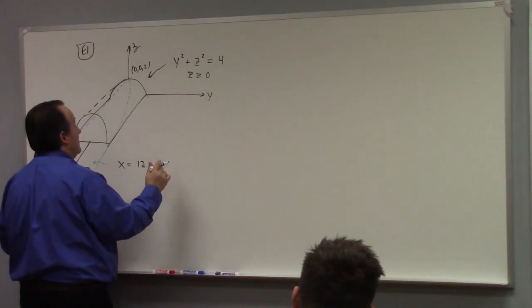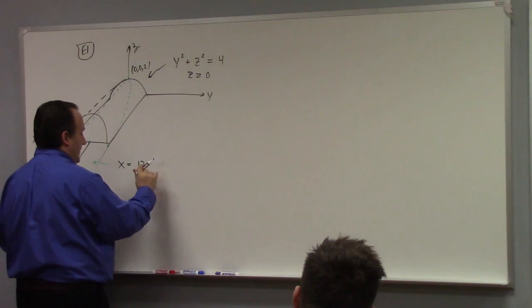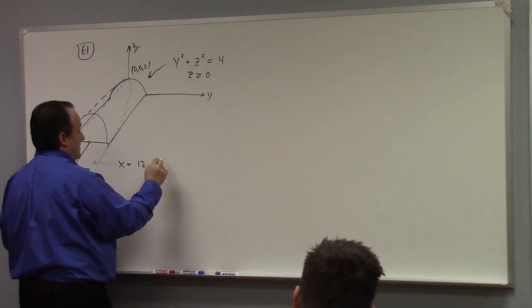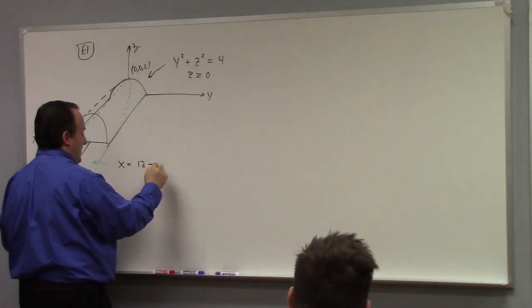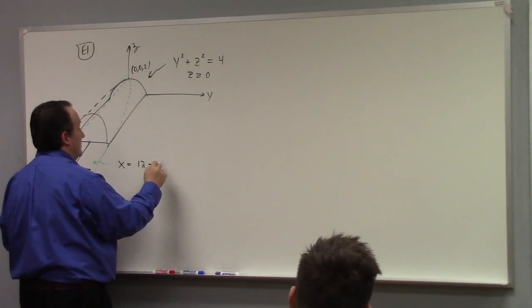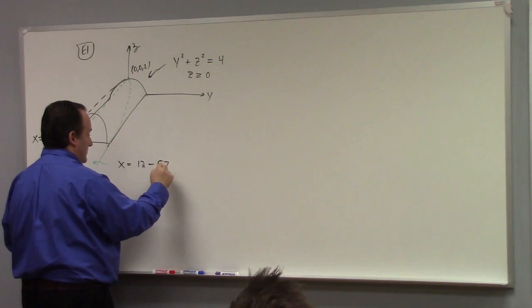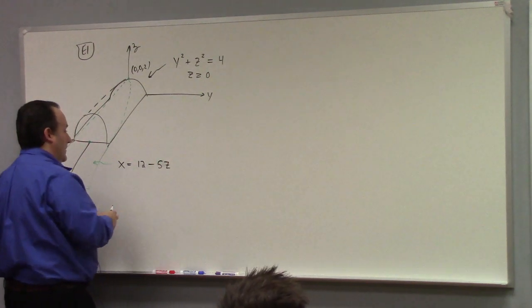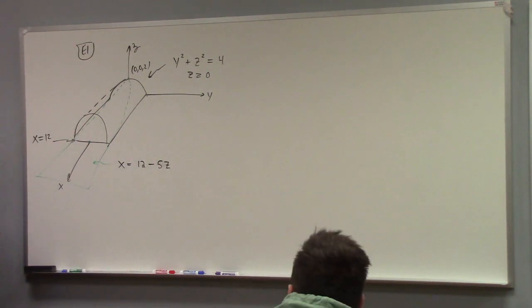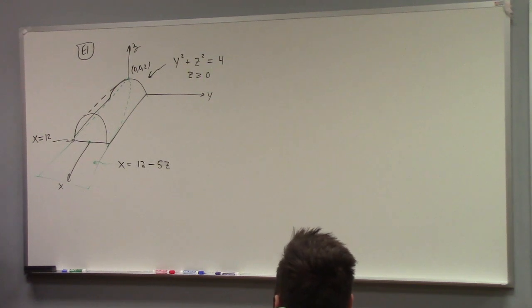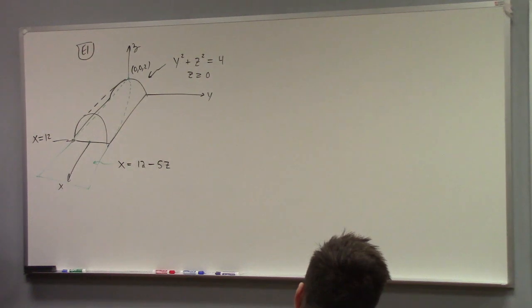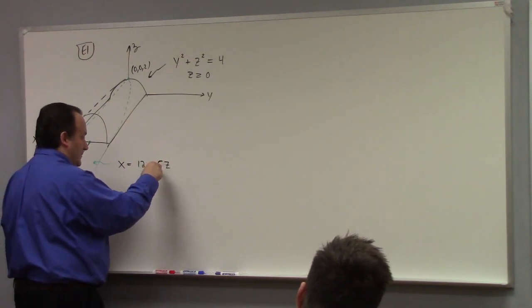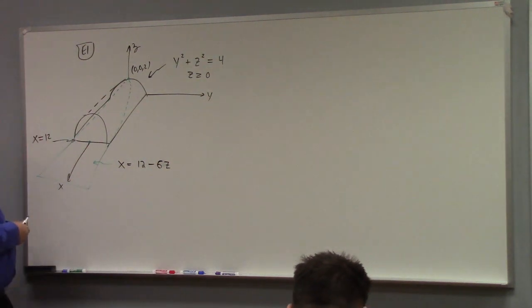And I want it to go through 2, so I guess I want minus some number times z. 5z, is it? Would that work? When z is equal to 2, I get x is equal to, oh, that's not what I want. I want x equal to 0 when z equals 2, right? So maybe that'll do it.